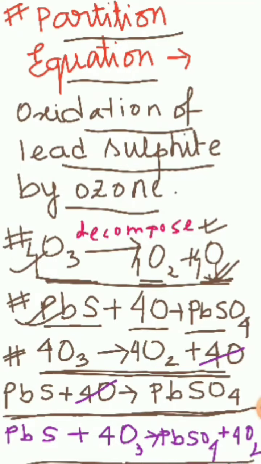Here the 4 nascent oxygen on the right hand side and 4 nascent oxygen on the left hand side are cancelled. Then we get the balanced reaction as PbS plus 4O3 gives PbSO4 plus 4O2.